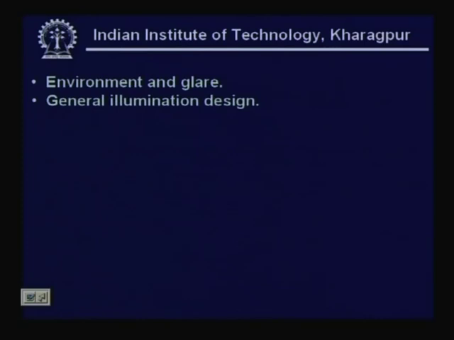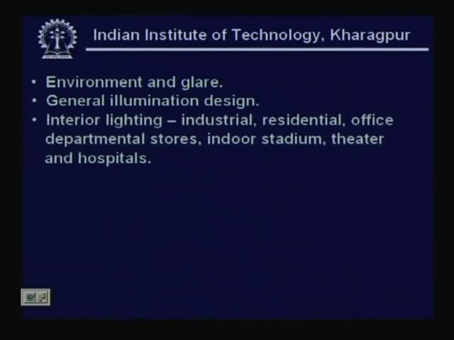Having talked about all the principles, one looks at the general illuminating design. Then the illumination for interior purposes, could it be residential, office, departmental stores, industrial environment, an indoor stadium, theatre or hospital.